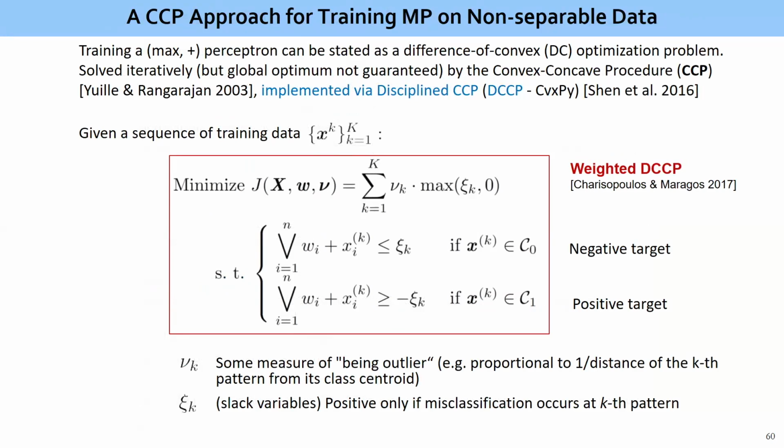So the convex-concave approach, what we have done here is we took a result that says essentially a max-plus perceptron can be stated as a difference of convex optimization procedure, but implemented in a disciplined way.